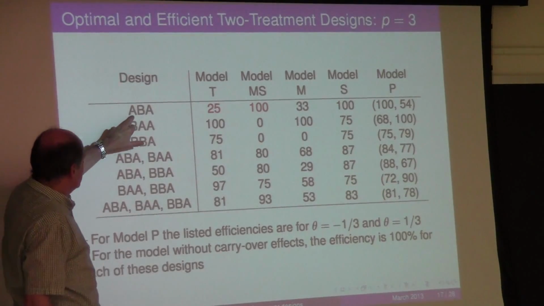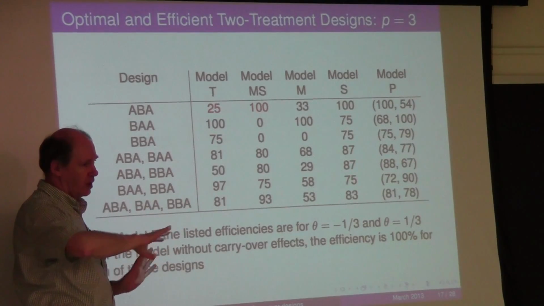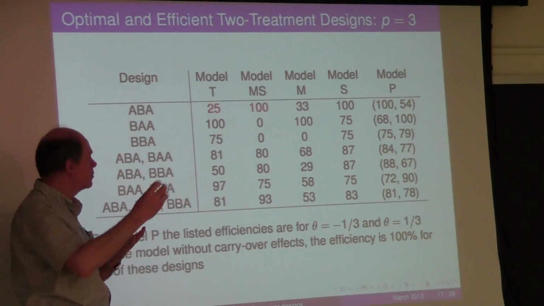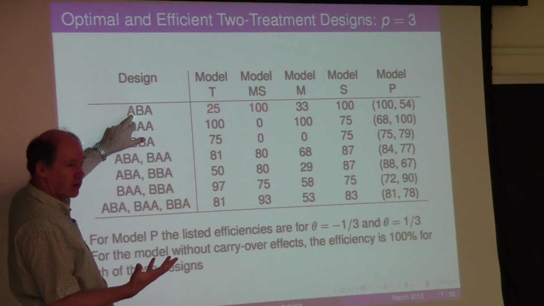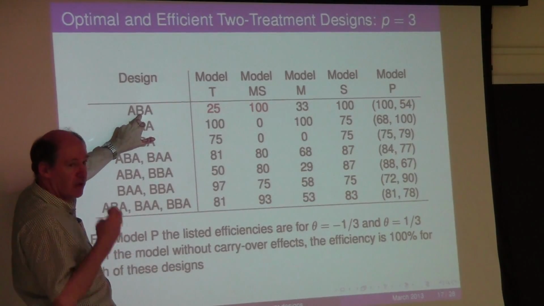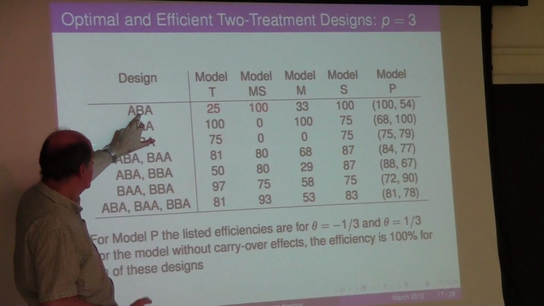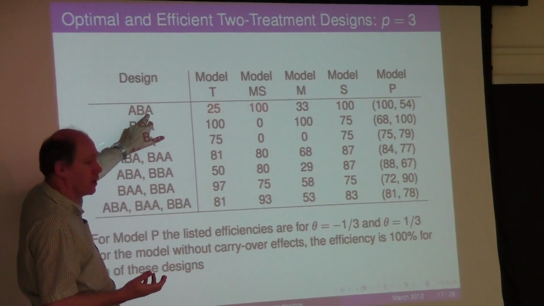If I look at the expected values, if I forget for a moment about subject effects and period effects, and only focus on direct treatment effects and carryover effects, then over here, for this observation, I only have a direct effect from treatment A. Over here, I get a direct effect from treatment B and a carryover effect from treatment A. And over here, it's direct effect from A, carryover effect from treatment B.